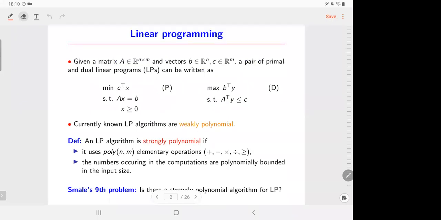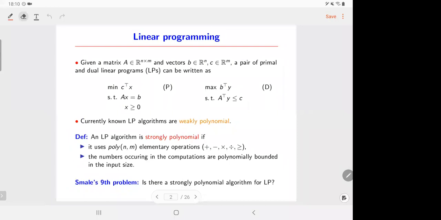So to put things into context, we'll be looking at linear programming. I believe this audience needs no introduction to LP, but nevertheless, I'll still state the standard form of primal and dual LPs.